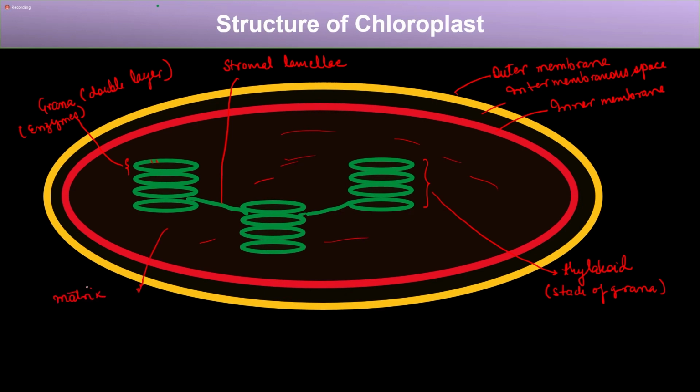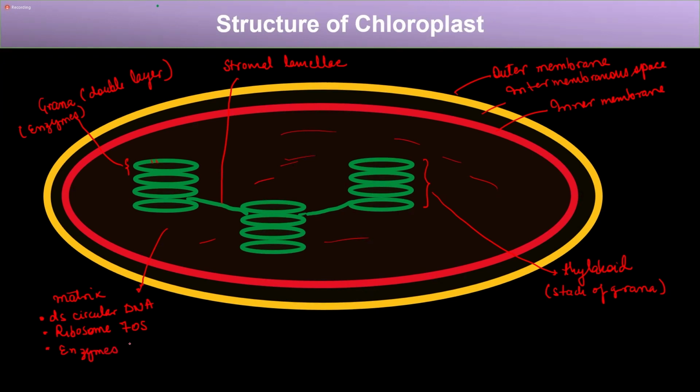Now, what are the constituents of the matrix of the chloroplast? Like mitochondria, the chloroplast consists of double-stranded circular DNA, so it has its own DNA. Apart from this, it has 70S ribosomes, as mitochondria also do, and it comprises certain enzymes.